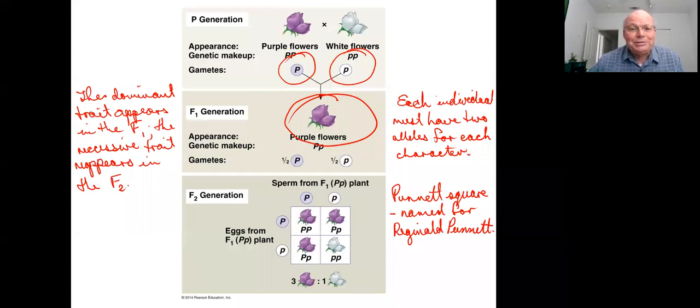The reality is that there really was an English biologist named Reginald Punnett. He was one of the 3 individuals who in 1901 separately recognized the significance of Mendel's work.